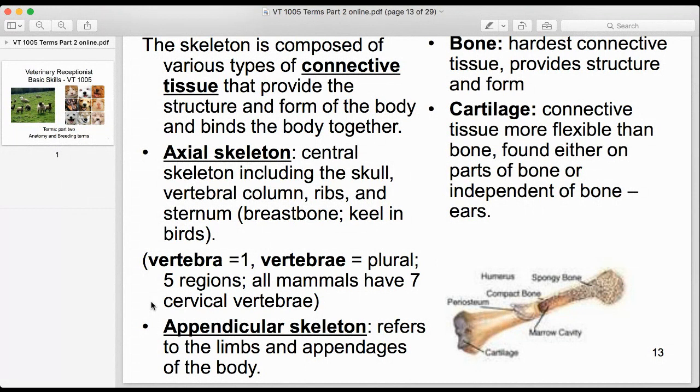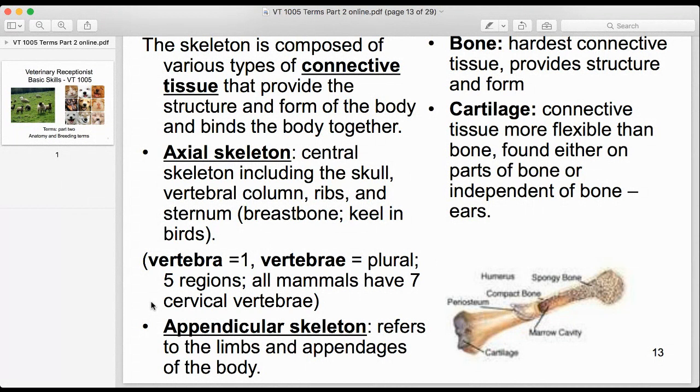In a bird, that sternum is called the keel. Again, spelling is very important. If you only have one vertebra, B-R-A, that is a singular vertebra. Vertebrae, B-R-A-E, is the plural form.